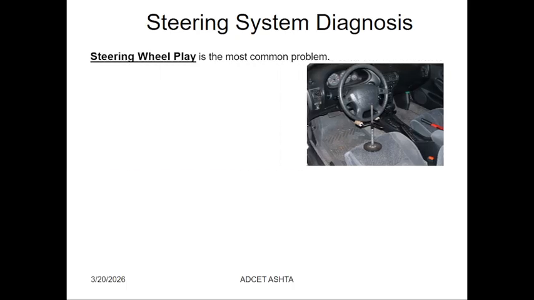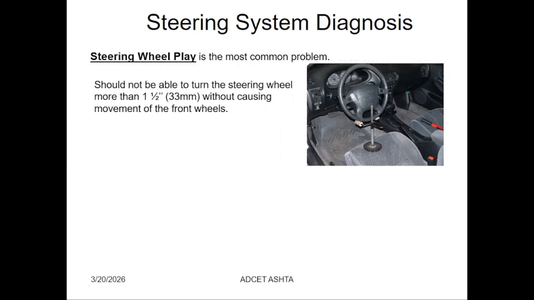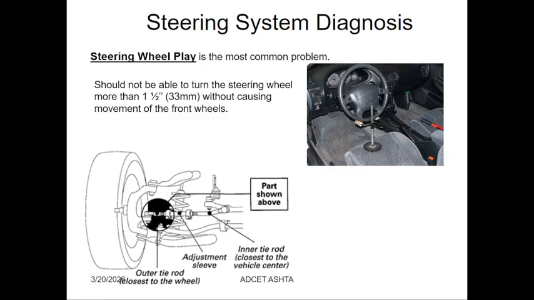Then steering wheel play is a most common problem. You should be able to turn the wheel around 35 mm, about 1 to 1.5 inches, without causing movement of the wheels. Beyond that is causing movement of the front wheel. This part shown above is illustrated here.